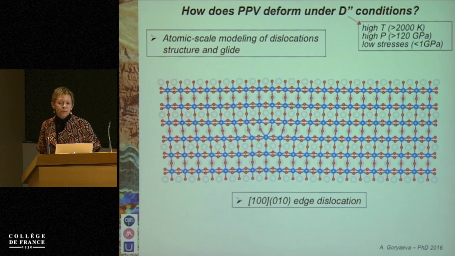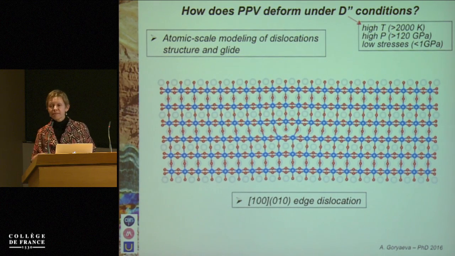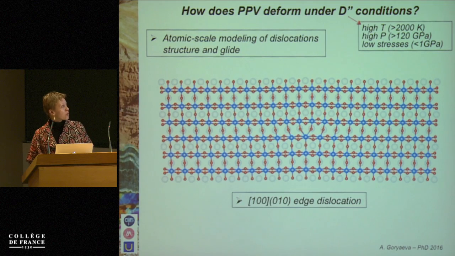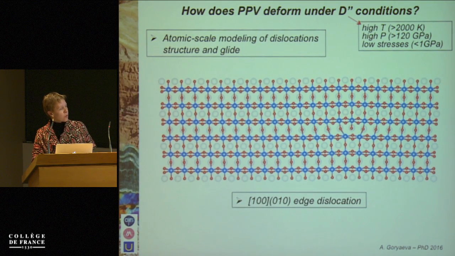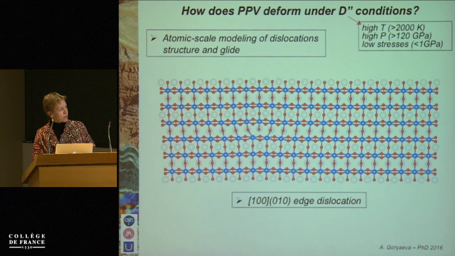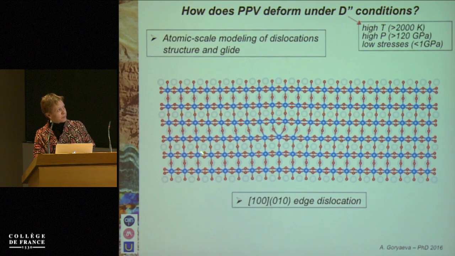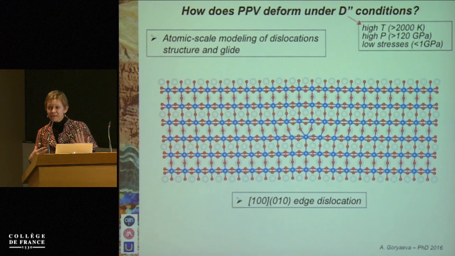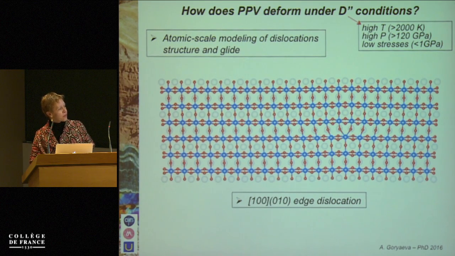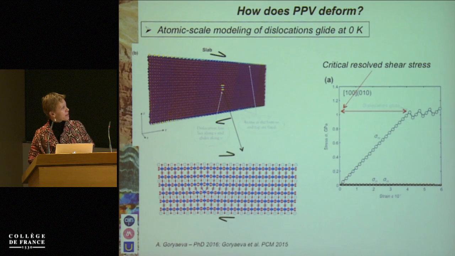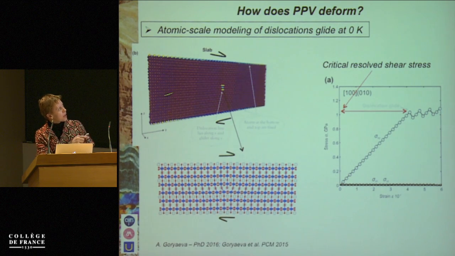Here I will be using the data, the kind of modeling Philippe just showed. This is the motion of a [100] dislocation that is gliding on the (010) plane. This comes from the molecular modeling simulations. From this kind of simulation, what Sasha did was to embed the dislocation in a big cell, apply stress to this big cell, and see what happened.